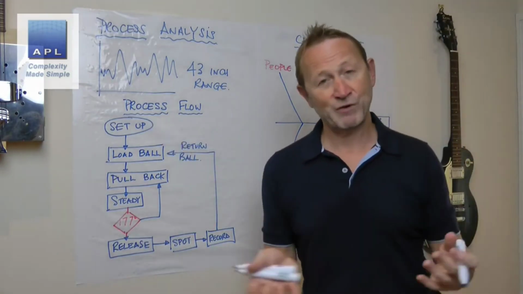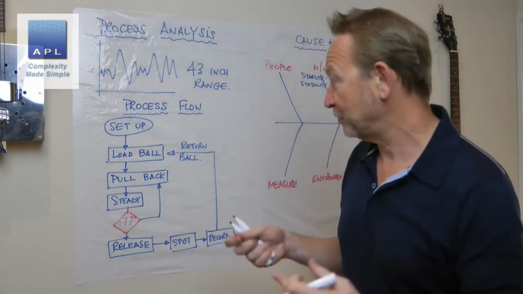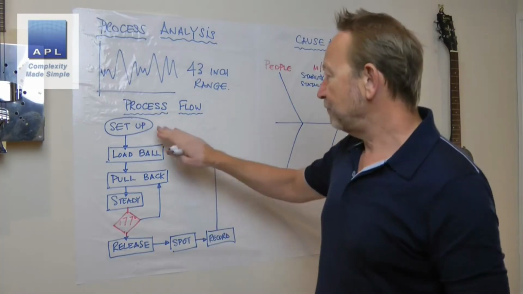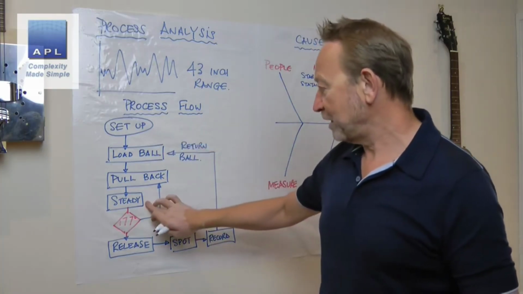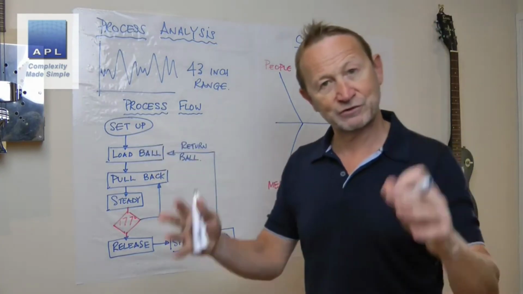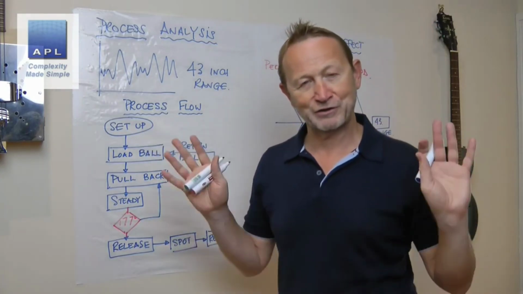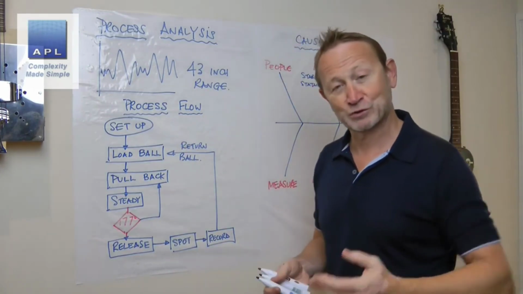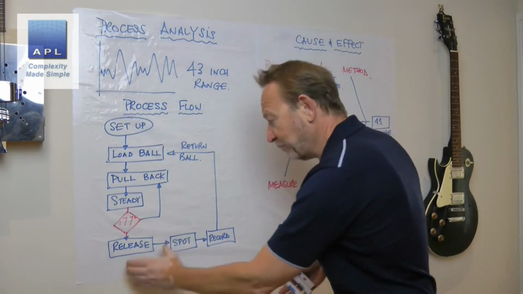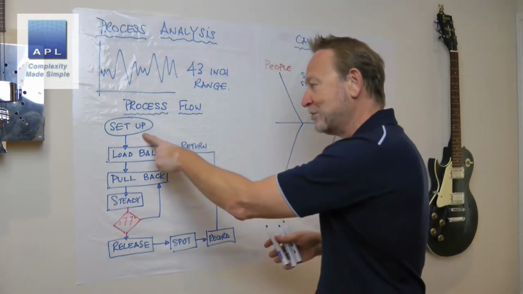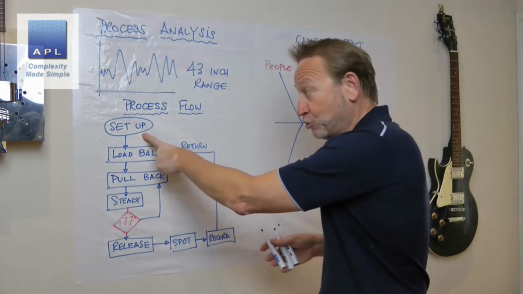It doesn't really matter where you find these variables, by the way, so there's no hard and fast way of doing it. If you're down here and somebody goes, hang on, I forgot one from up here, well, that's okay. Just put it on the cause and effect diagram. It's not a process that's got any rules to it. This is helping you simplify a complicated process, so you can easily think of all the variables in just this one step.